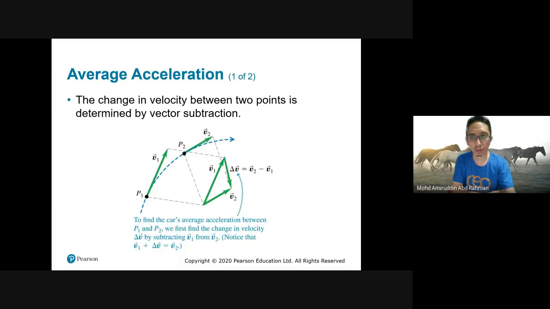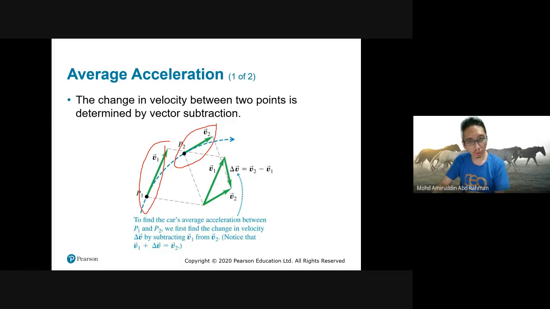So let's look at the example. The change in the velocity between two points is determined by vector subtraction. So we look back at the problem of the car. We have V1 and V2, and we combine those vectors, and then we notice the delta from V1 to V2.